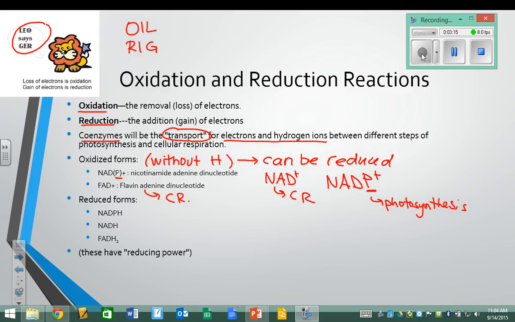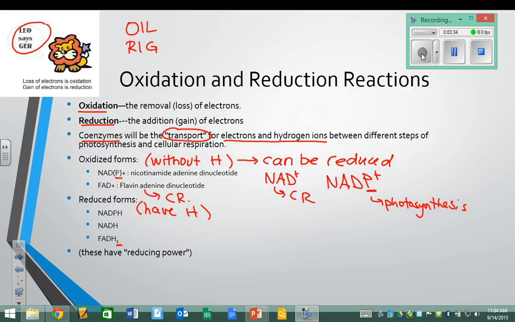The reduced forms have an H, at least one of them. So the reduced forms would be NADPH, NADH, and funnily enough, FADH2. That's not a typo, there actually are two of them.